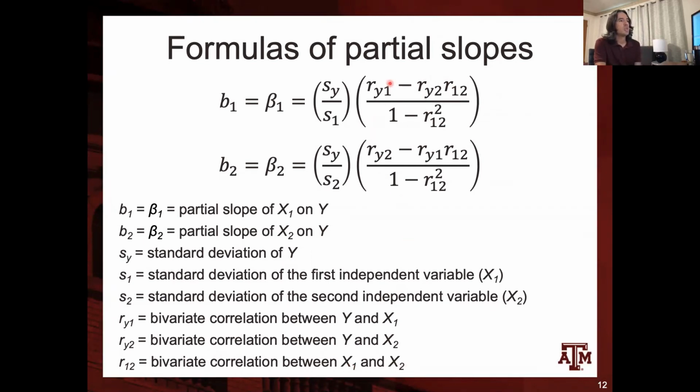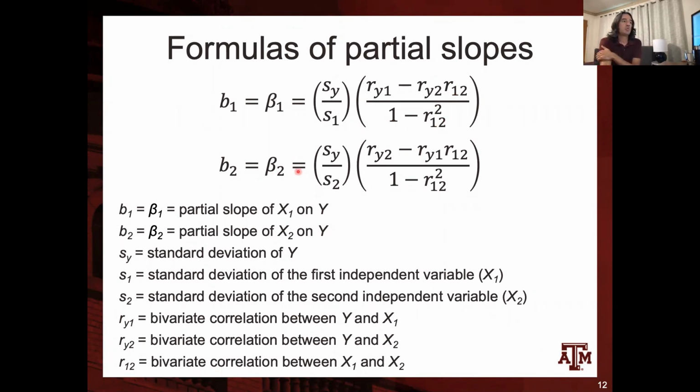So I'm trying to see how y and x1 are correlated with each other, already discounting correlations of y with the other independent variable, which is x2, and also discounting the correlation between the two independent variables with each other, x1 and x2. And that is divided by 1 minus the correlation, again, between the two independent variables.